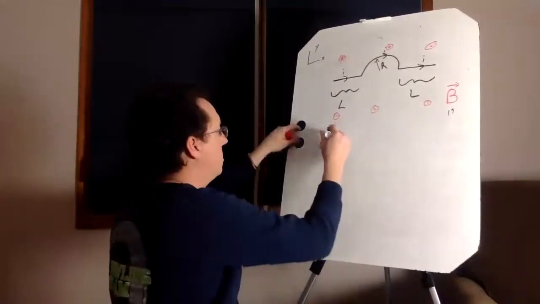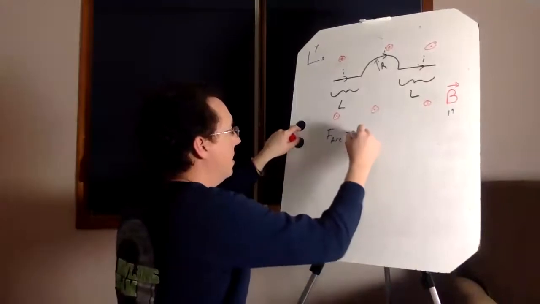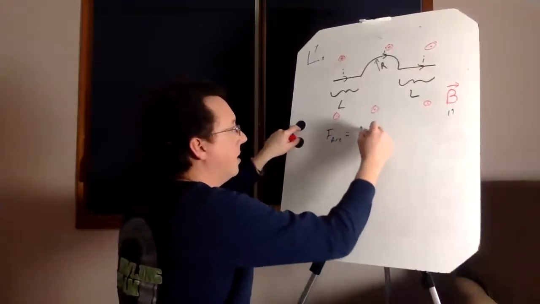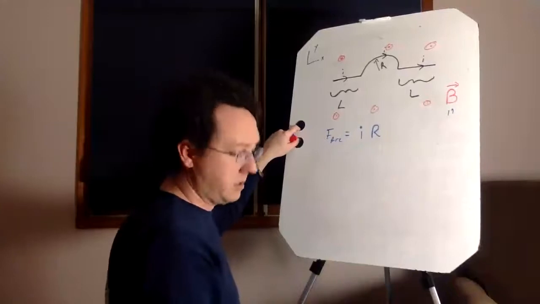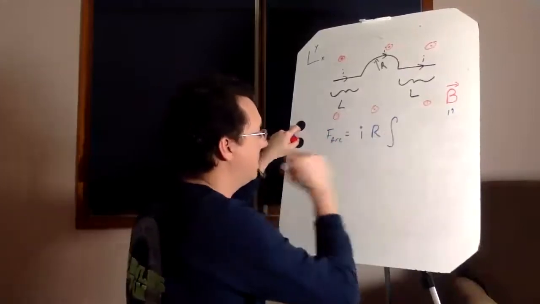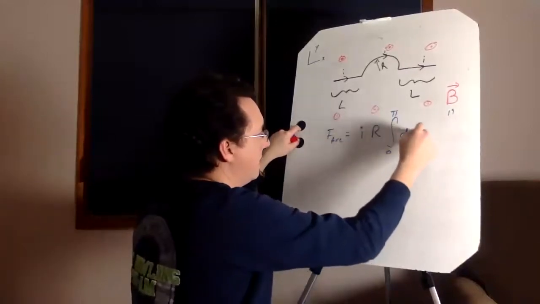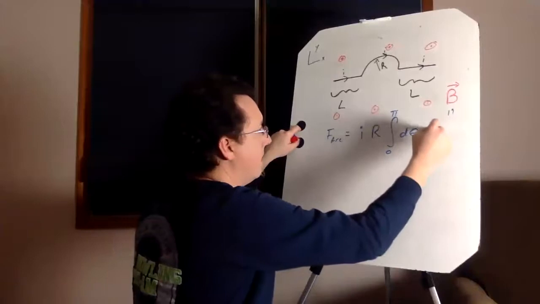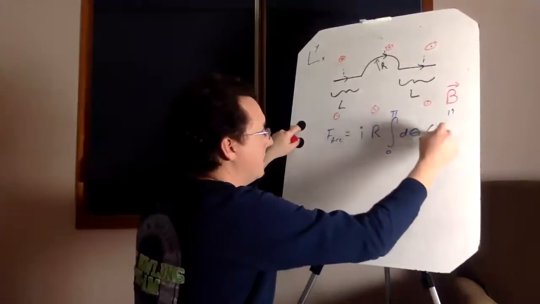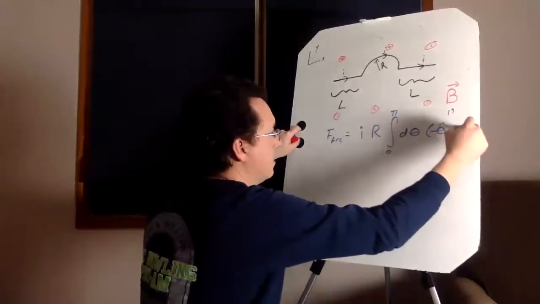So the force on the arc is I. I'll go ahead and pull out the R. That was a constant. And I have an integral from 0 to pi d theta. And then I have to evaluate minus theta hat cross z hat.